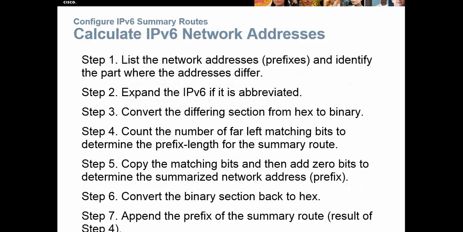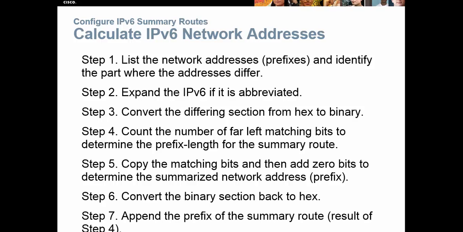So in order to calculate this IPv6 network address, if we're going to summarize it, you list the network addresses and the prefixes, and identify the part where the addresses differ. Then expand the IPv6 addresses if they're abbreviated, convert the differing section from hex to binary, and count the number of far left matching bits to determine the prefix length for the summary route.